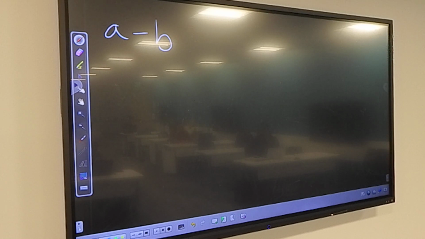It will surely always be one of the operations on a calculator. But in reality, what is it saying? It's saying that you have this number a, and what are you adding? You're adding the number minus b.